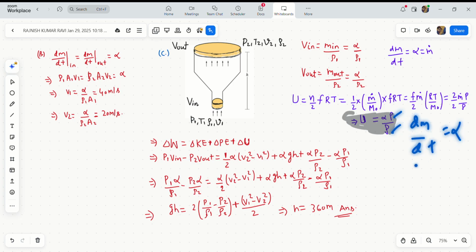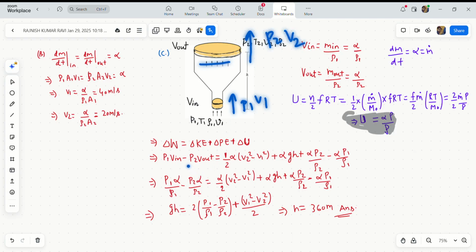Now if I apply the work energy theorem on our system, this is our system. The net work done will be P1 into V1, and the system will itself do a work of P2 into V2. So the net work done will be P1 into V in minus P2 into V out. This is the net work done on this system.